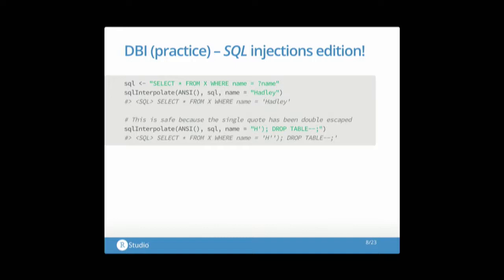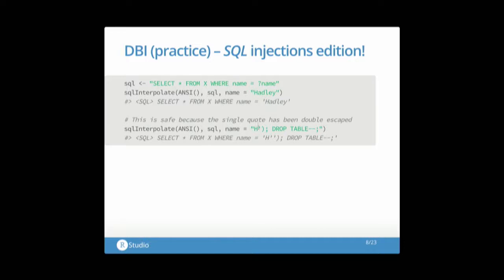One thing that I want to note in DBI before we move on is that it also provides really good SQL injection prevention functions. So SQL injection is when users, third parties, can go to your app or go to your program and inject code that has basically malicious intent.